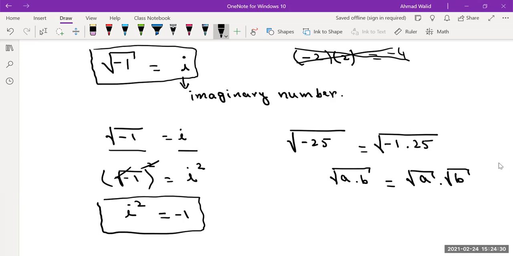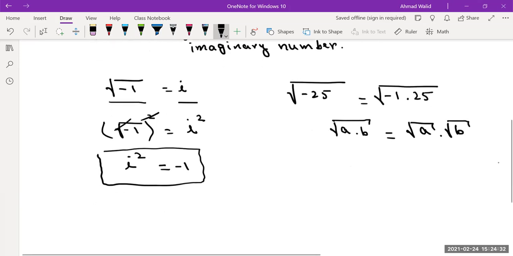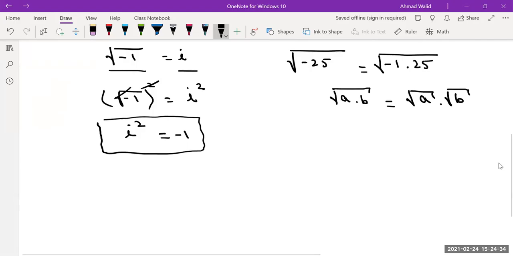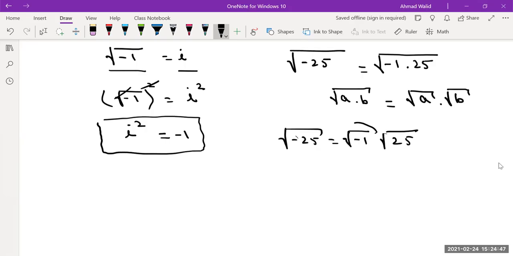If I use this law, then here I can write the square root of negative 25 equals the square root of negative 1 times the square root of 25. What is the square root of negative 1? I already found we named the square root of negative 1, i. What is the square root of 25? The square root of 25 is 5.